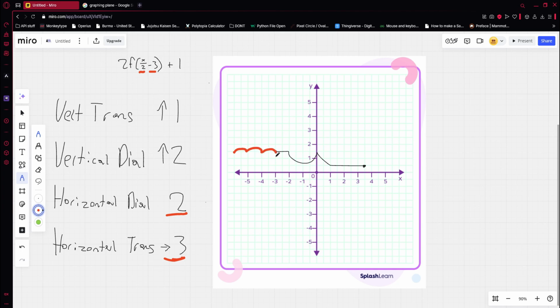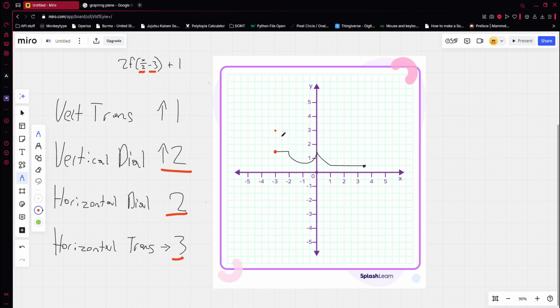So you end up right back where you started because of that translation. Now we're going to do our vertical dilation. We multiply our y value by 2 because we're doing a factor of 2. So this, 3 up, it's 1.5. We multiply it by 2, we get 3.